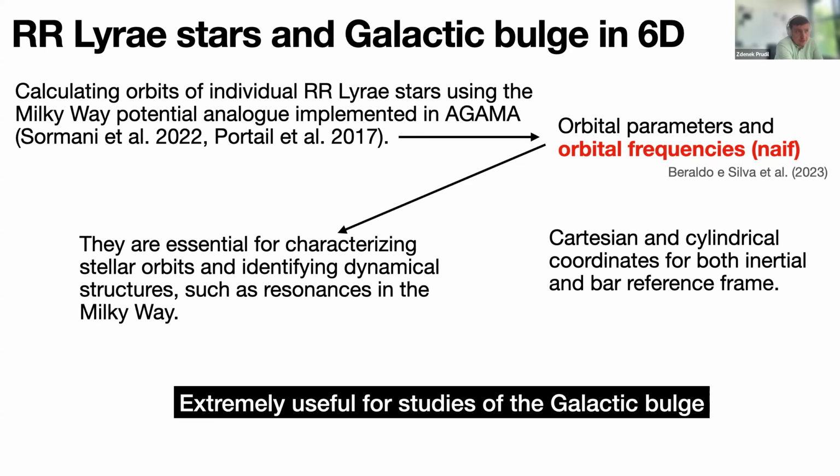So you can do the Fourier analysis and obtain the frequencies also for the observed dataset. These are really important if you want to characterize the resonances and the actual orbits of individual objects, so they are very useful if you want to study the galactic bulge.